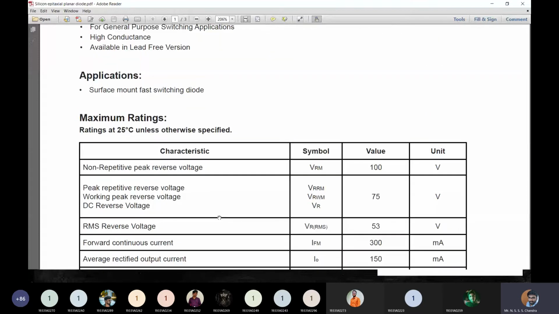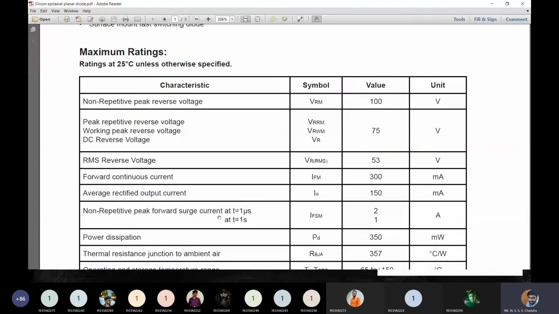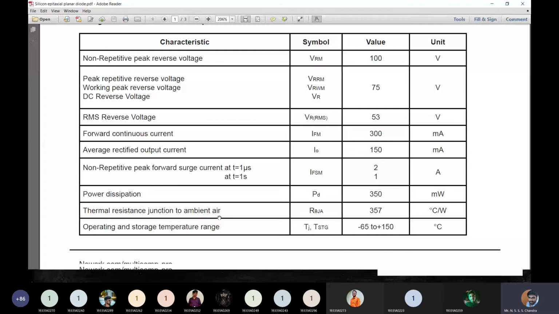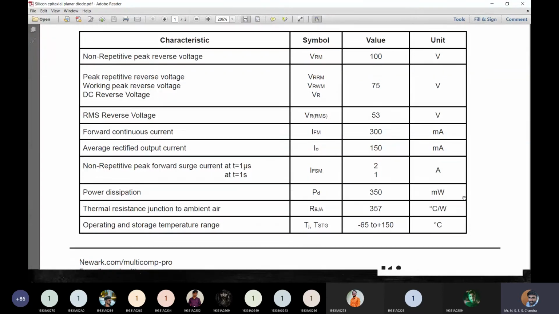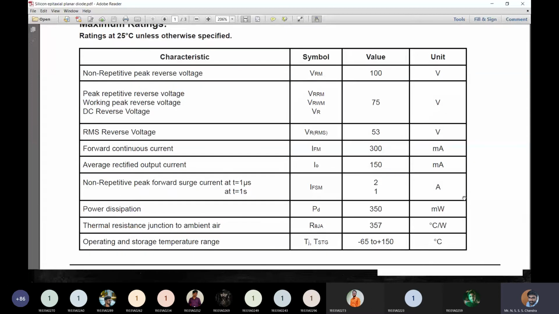Here you have values like non-repetitive peak reverse voltage, repetitive peak reverse voltage, RMS reverse voltage, forward continuous current, average rectified output current and power dissipation. All such values are given. For example, power dissipation is 350 milliwatts, and the thermal resistance junction to ambient is around 357 degrees per watt. A lot of data is there.